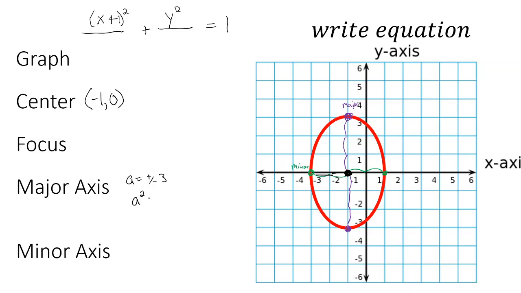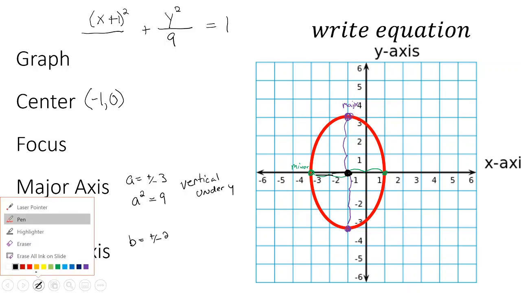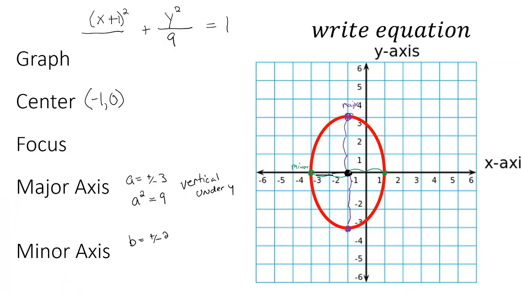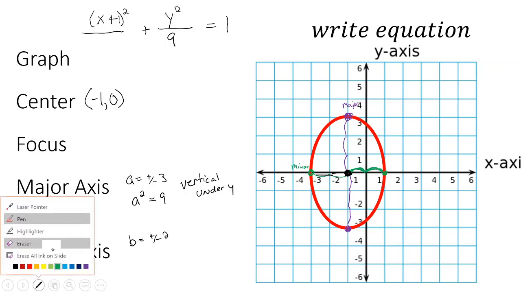So a squared equals 9. It's traveling vertically, so it goes under y. And b we already counted, equals plus or minus 2. There are those green lines over there. I went over here and went 1, 2. So that's how I found that.